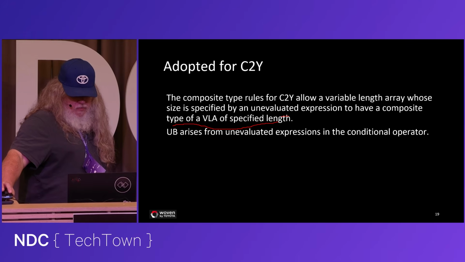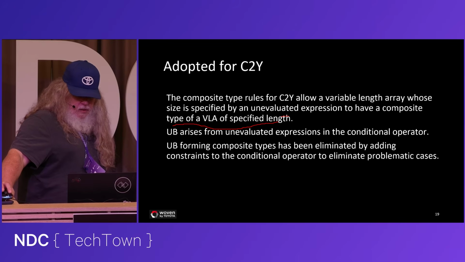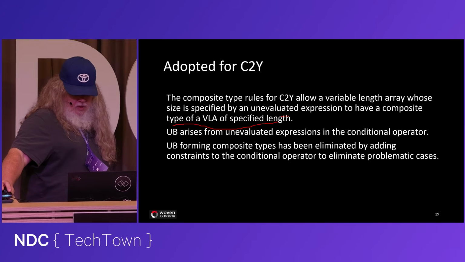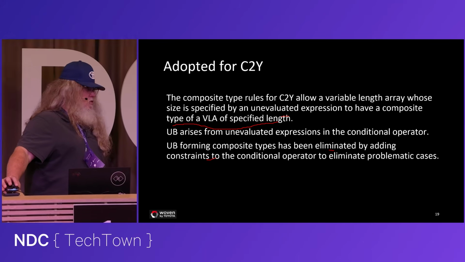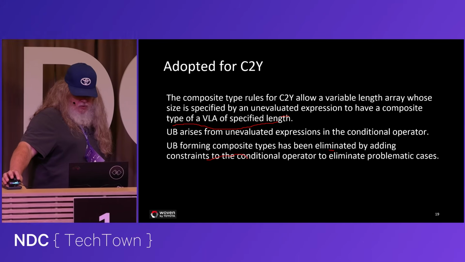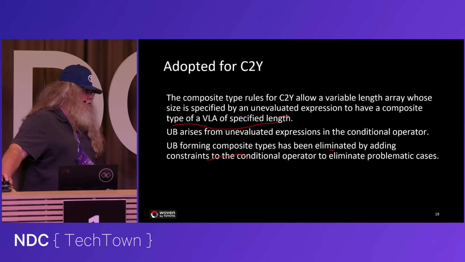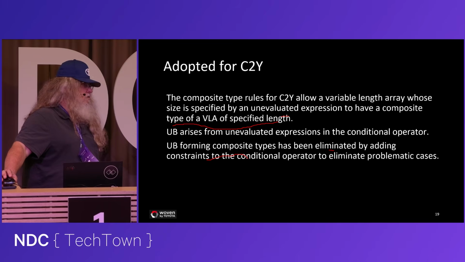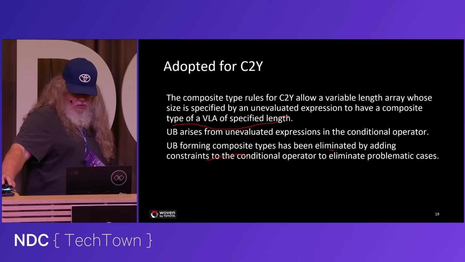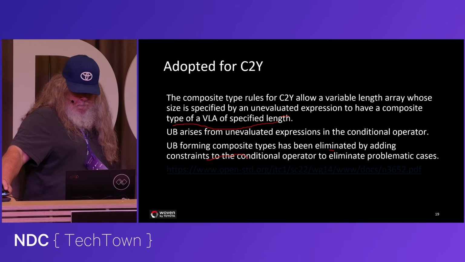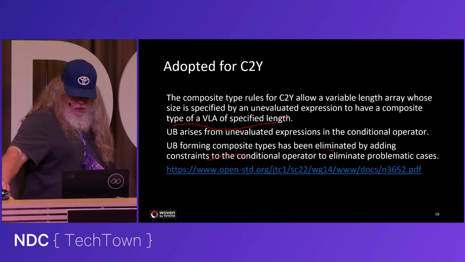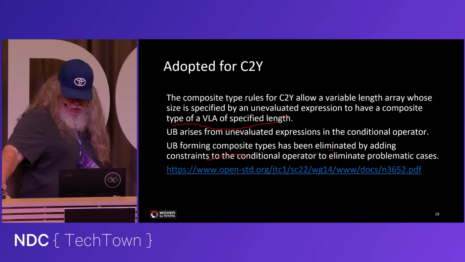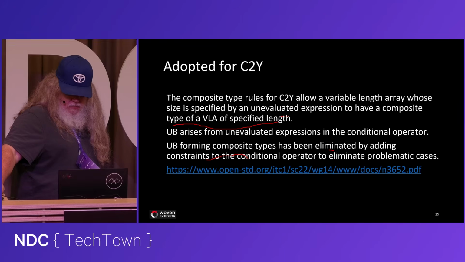So the UB arises from the unevaluated expressions in the conditional operator, and the UB forming composite types in C2Y has been eliminated by the use of constraints. So we now have constraints which prevent this and require some sort of compile time diagnostic, either a warning or a fatal error. And this is the paper that was adopted, if you'd like to read those sort of things.